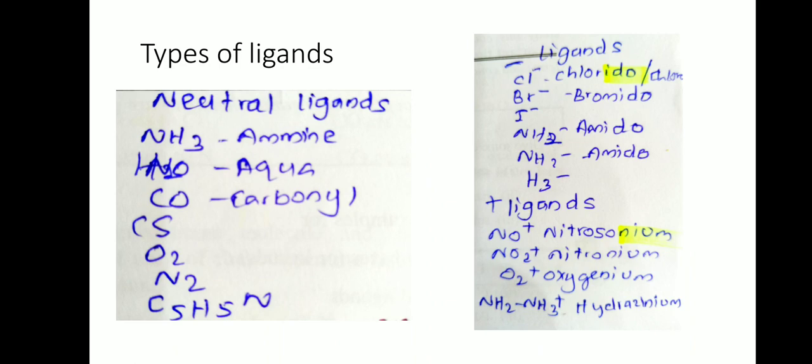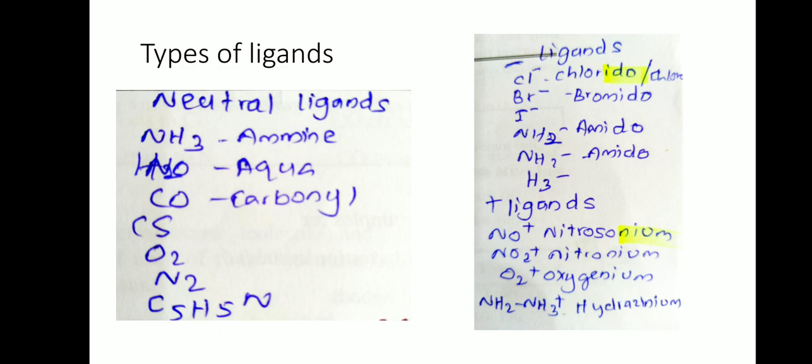Then let's see the types of ligands in these coordination compounds. Here also again we have three types of ligands, that is the neutral ligands, negative ligands and positive ligands. If we take negative ligands, we have chlorido, bromido, amido, like that.